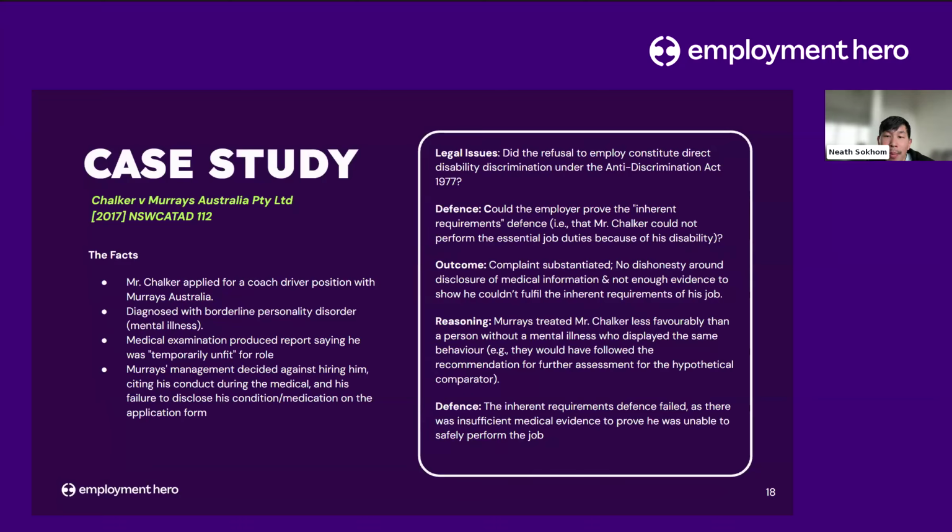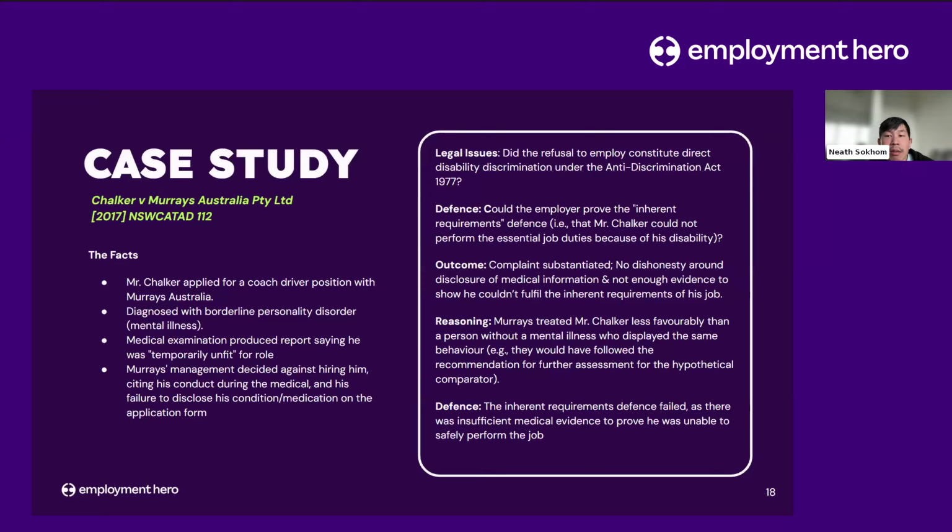I'm going to bring up a case that relates to the difficulty of managing disability discrimination in a recruitment context. The details of that case are set out on the slide here for your convenience, but to cut a long story short, in the case of Chalker and Murray's Australia, Mr. Chalker applied for a coach driver role and was found to be temporarily unfit for the role by a pre-employment medical assessment after he had disclosed to the employer, Murray's, that he had borderline personality disorder.